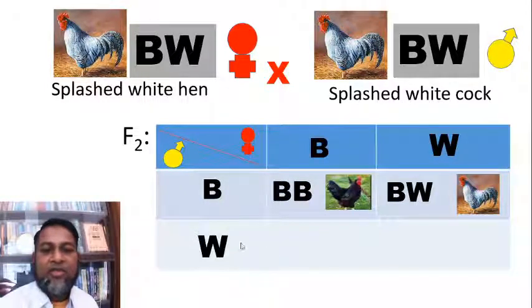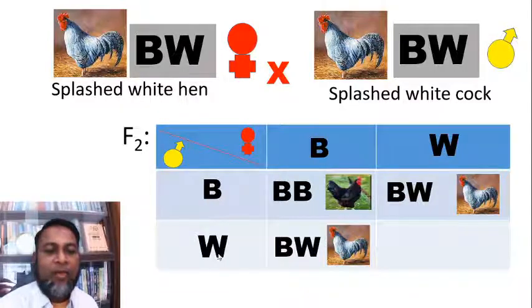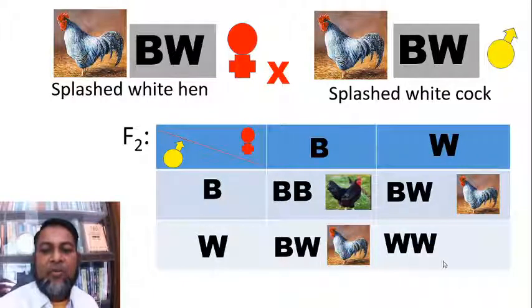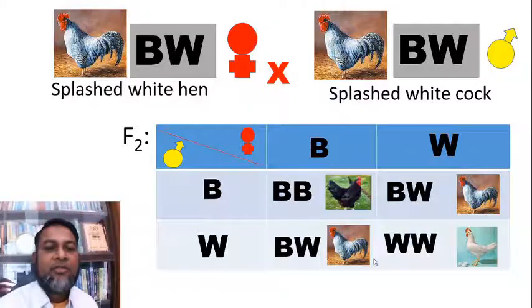When this W is crossed with this B, they produce BW genotype and its phenotype is splashed white. When this W is crossed with this W, the genotype is WW, they produce white fowl.